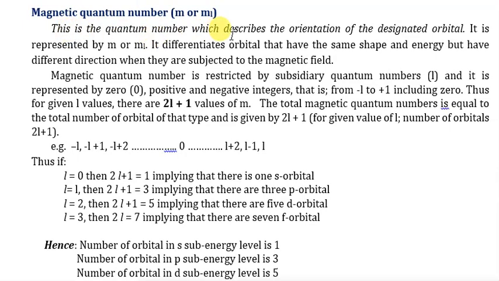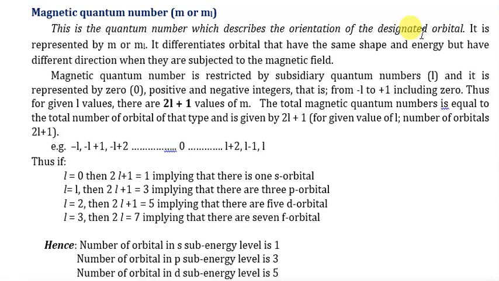So this is the quantum number which describes the orientation of designated orbital. Remember, in the azimuthal quantum number, ilikuwa na determine shape of atomic orbital, but this determines orientation. There is difference between shape and orientation. Orientation ni mkao, shape ni umbo.